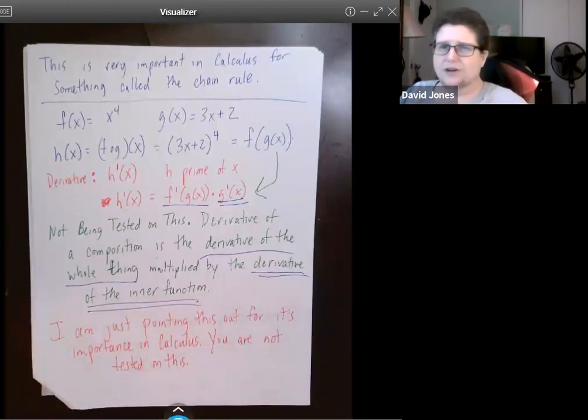But when I'm teaching, I like to point out when you're going to see it again, because some people ask, what is this good for? In and of itself, compositions, I would have to work hard to come up with a word problem that goes with it. But when you get to calculus, plenty of real life problems are solved using calculus, and these are the tools that we use.